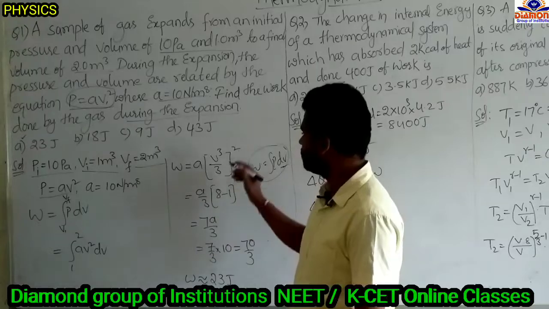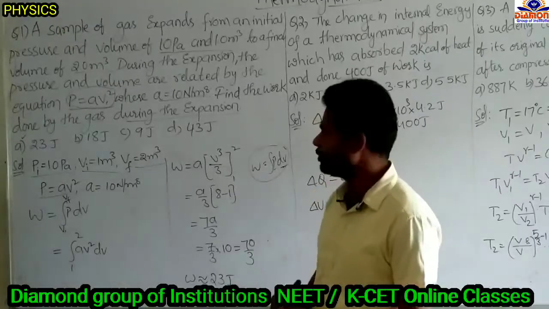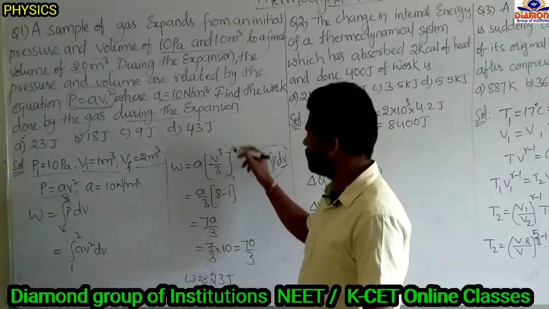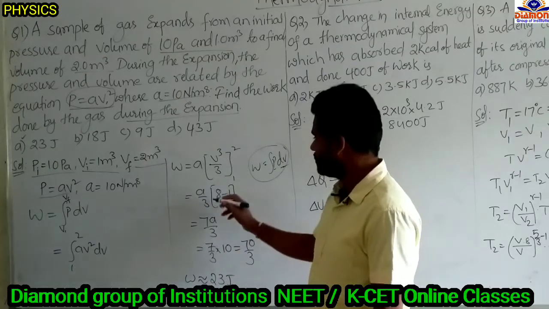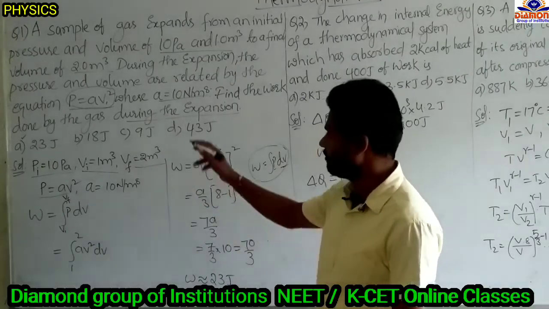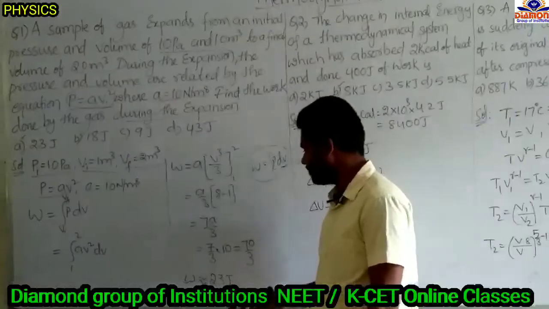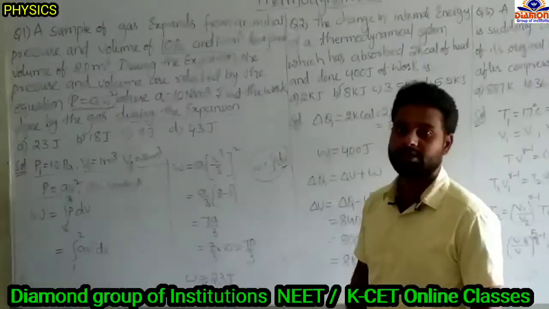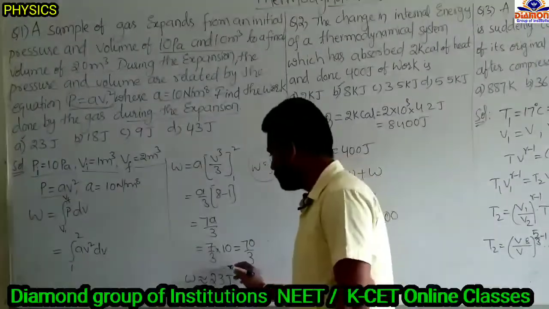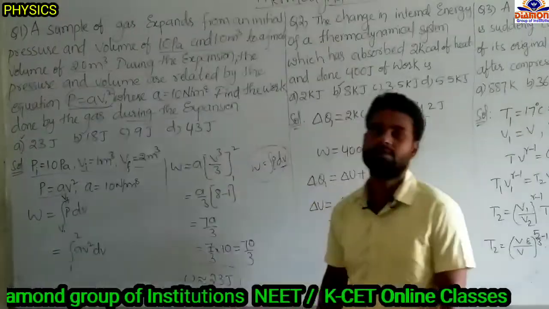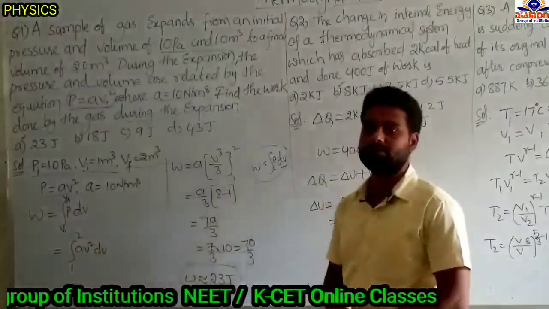So A by 3 times, first substitute the upper limit, 2 cube means 8, minus 1 cube means 1. So we get 7A by 3. A value is given as 10, so substituting, we get 70 by 3. So work done equals 23 joules.